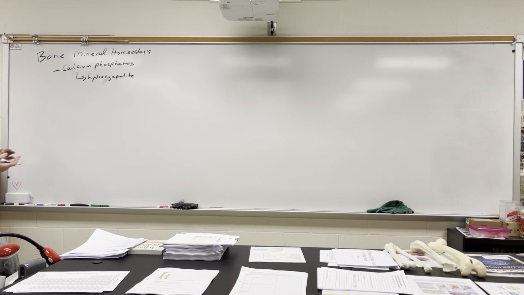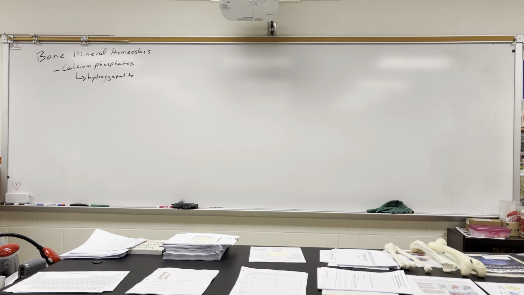These are the most common bone minerals that we refer to when we talk about bone mineralization or ossification. And then this hydroxyapatite, or calcium phosphates, can be separated into calcium and phosphates. We'll talk about what calcium does within the body as well as what phosphates do. Looking ahead, we're going to talk about phosphates first, and then we'll talk about calcium.